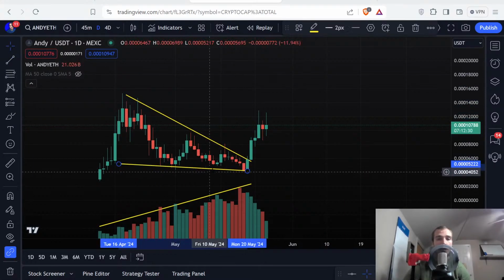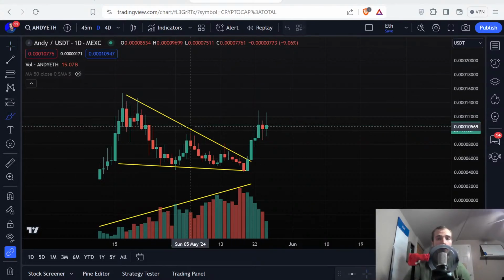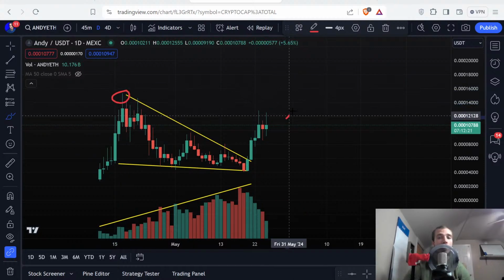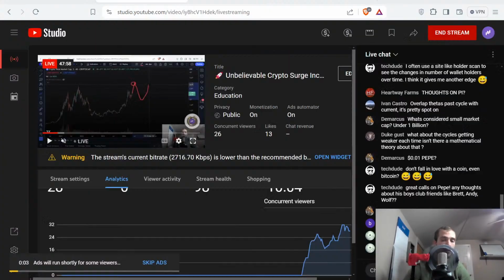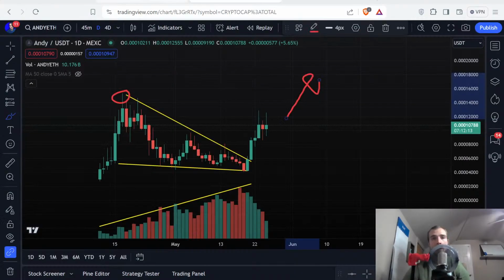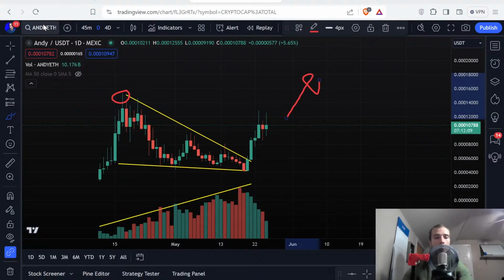We break bullish out of this with confidence. This looks good, dude. This looks really nice. If we break above the all-time high, we could go into price discovery. So I like that one, tech dude. That one's awesome, man. I didn't even know about these coins. I've only been holding Pepe. So let's check out Wolf.